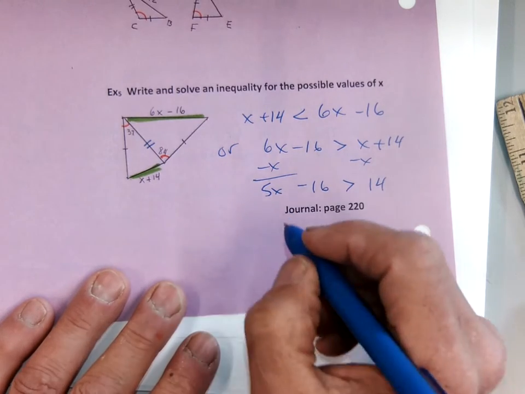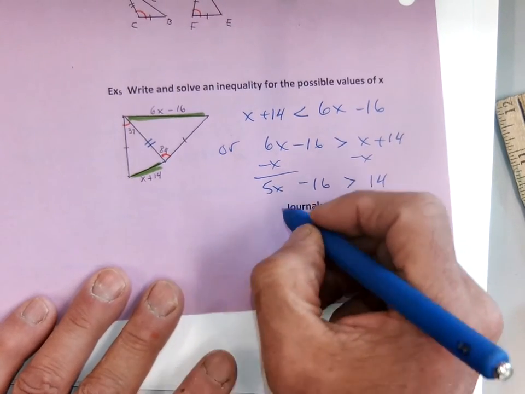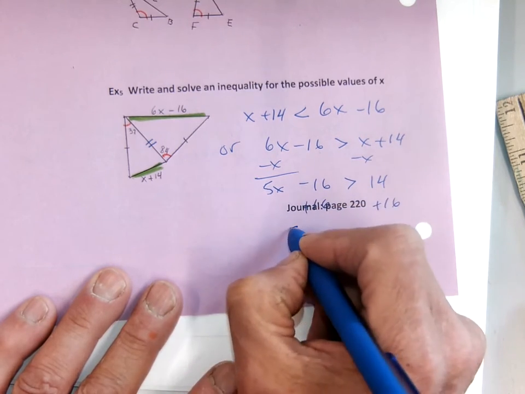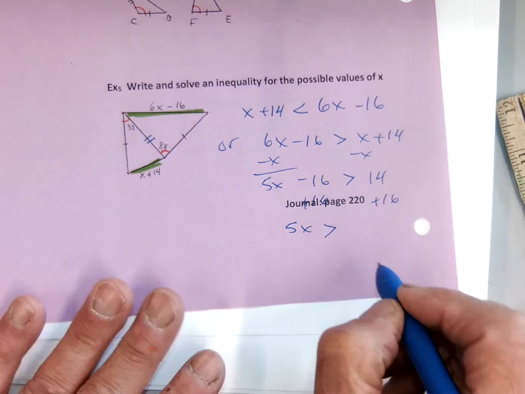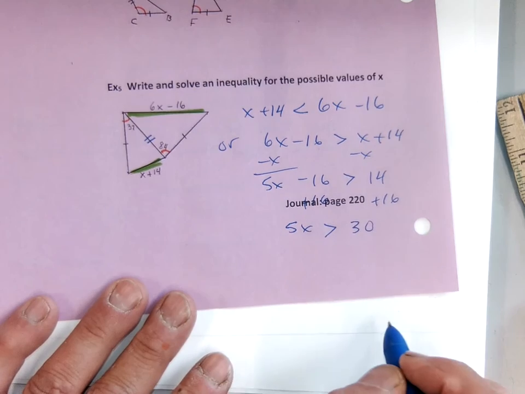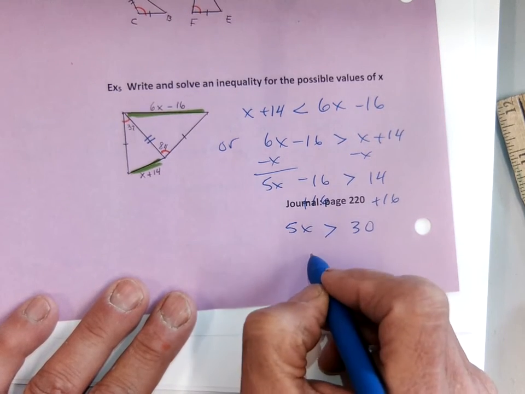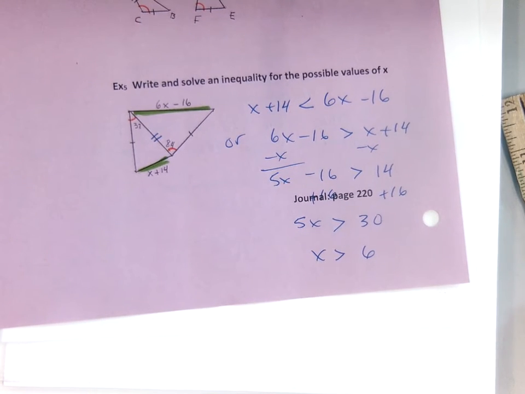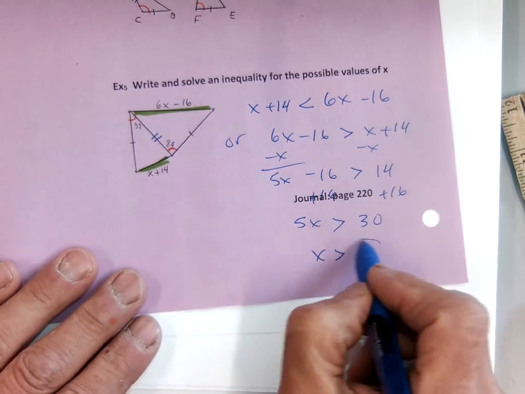And I'm going to add 16, 5x is greater than 30, and divide by 5, x has to be greater than 6. For this to work, x has to be greater than 6, okay? Agree with that? Does that make sense?